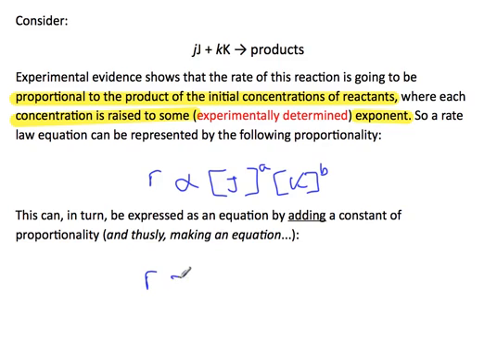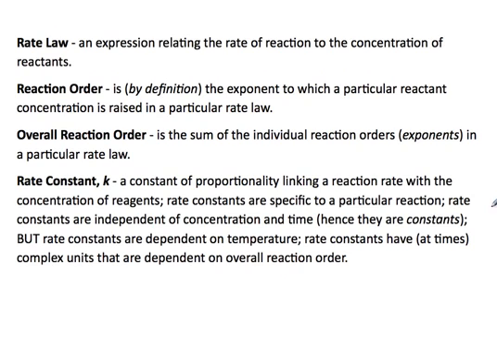This becomes an equation: R equals k, the concentration of J raised to some exponent, which I'm going to keep as A, times the concentration of K raised to some exponent, which I can keep as B. So we now have a proportionality that can be turned into an equation by adding that constant of proportionality.